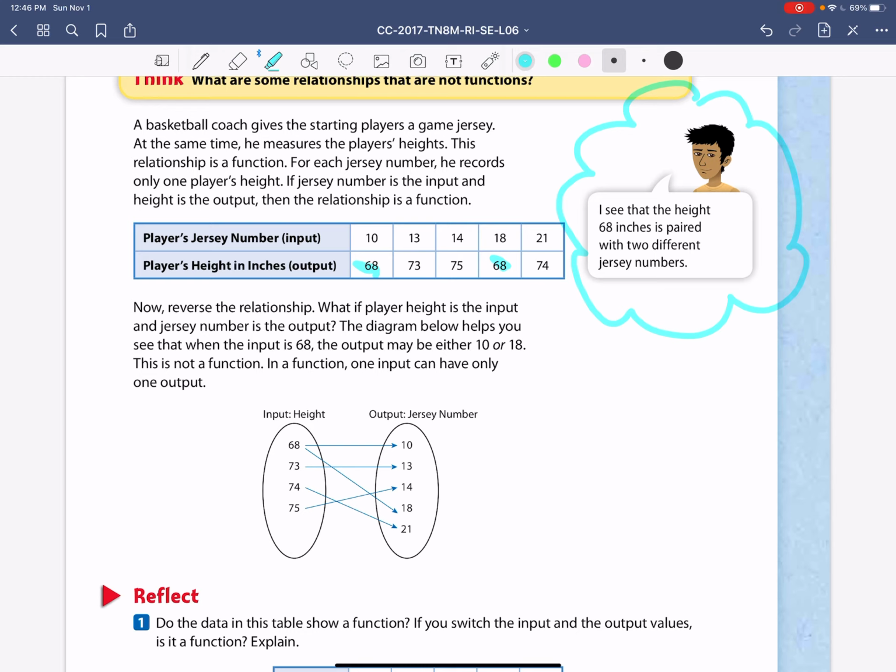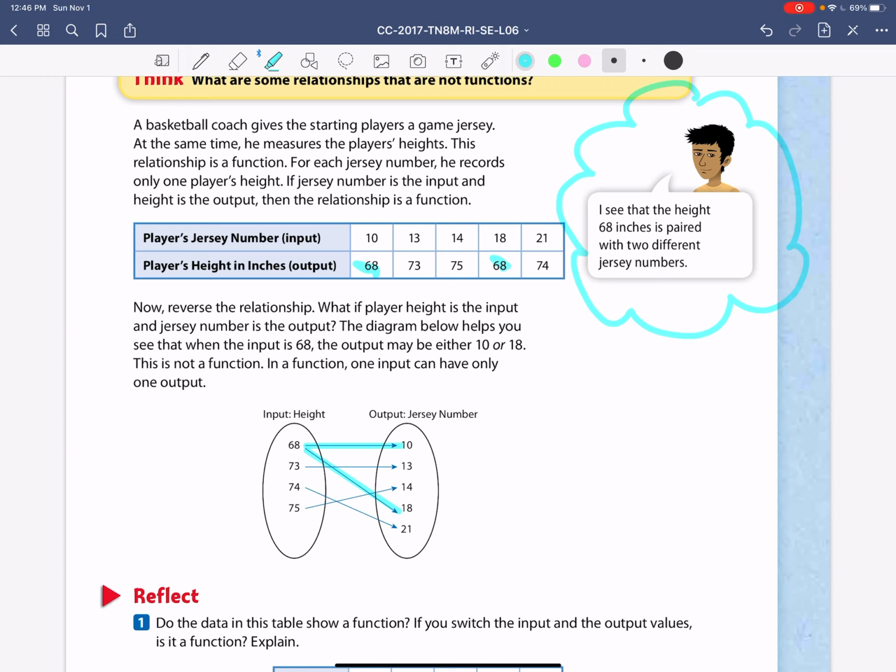The diagram below shows what would happen. When the input is 68, the output may be either 10 or 18. This is not a function. In a function, one input can only have one output.